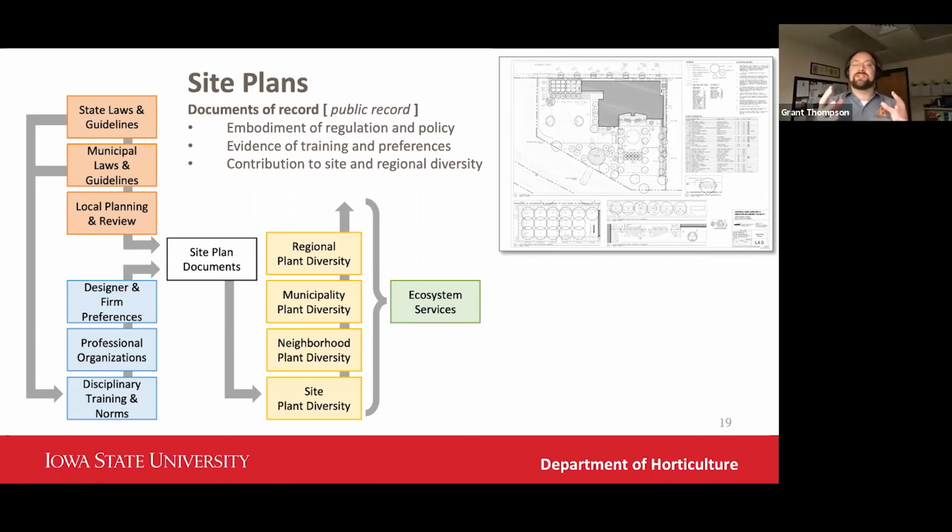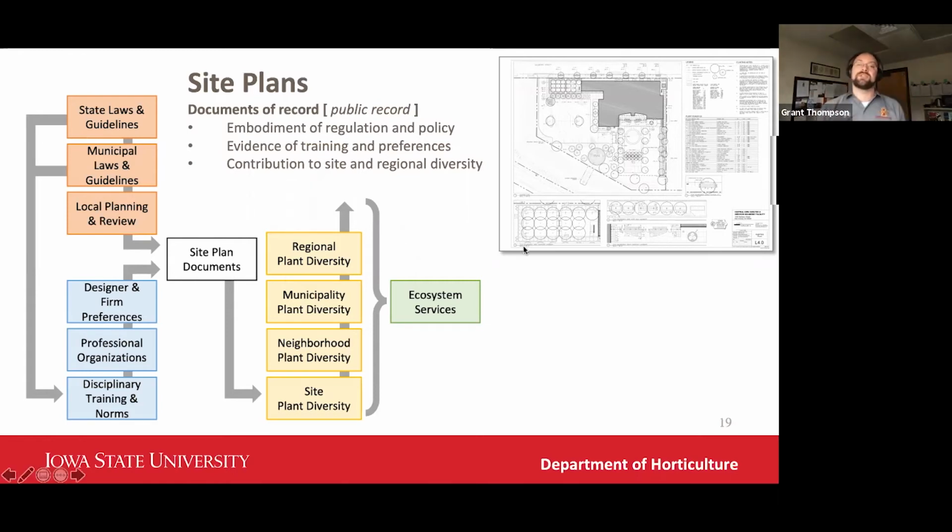And all of this gets tied up in a site plan. So we can look at a site plan and we can start to tease apart some of those things. And even if we can't separate them, if we look at enough site plans, maybe we can see patterns emerge. And of course, this does affect the diversity of plants at a single site. So in a site plan, if we have lots of site plans in an area, a downtown core or something, we can start to see neighborhood plant diversity patterns across an entire community. And even if we look at multiple communities at a regional scale.